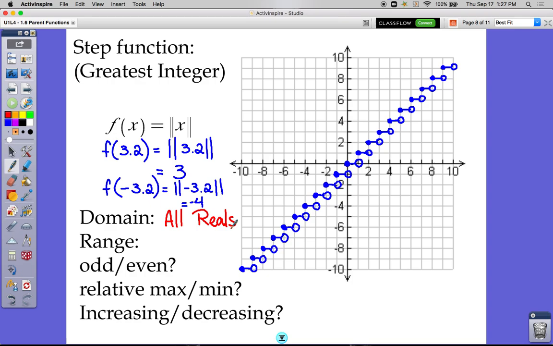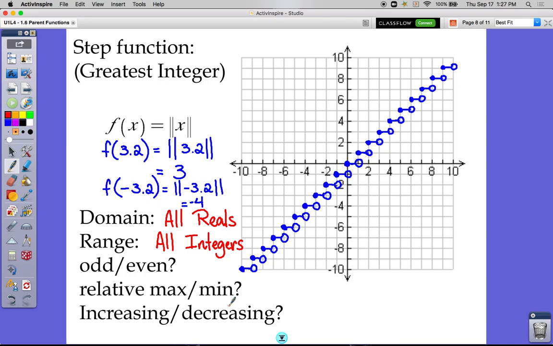Can I use all reals? The range, because again, I stay at one level and then I instantly jump up to the next level. It's not all reals, but it's all integers. That means only whole numbers, positive or negative.